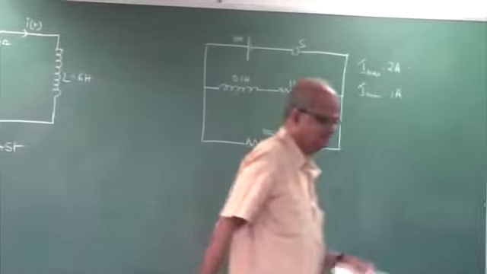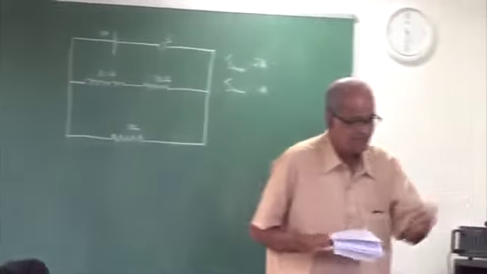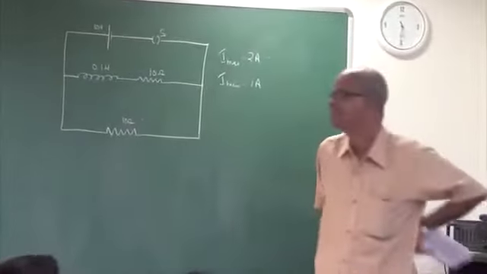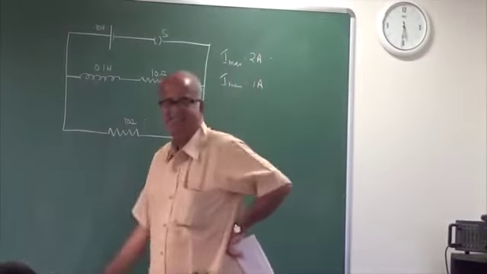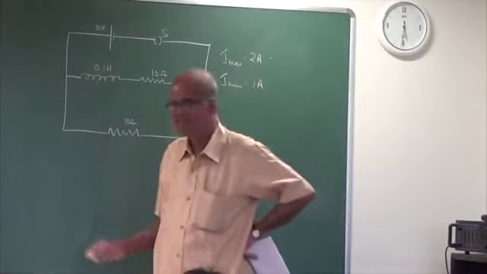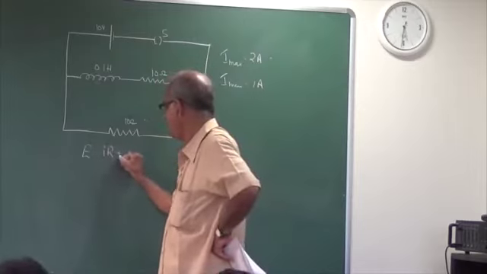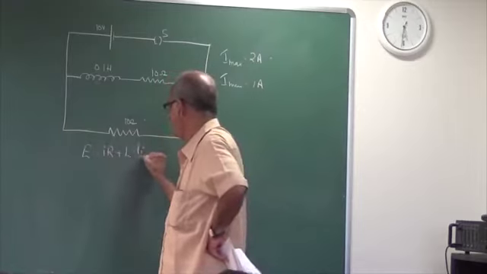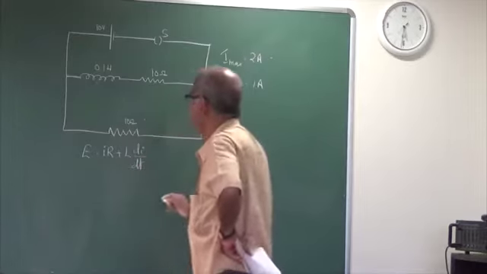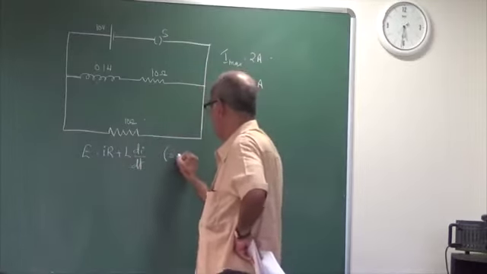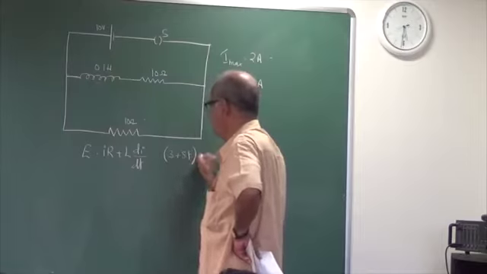What's the answer? How do you get it? E equal to IR plus L di by dt. I is 3 plus 5t.